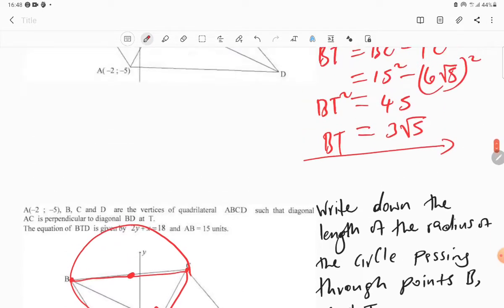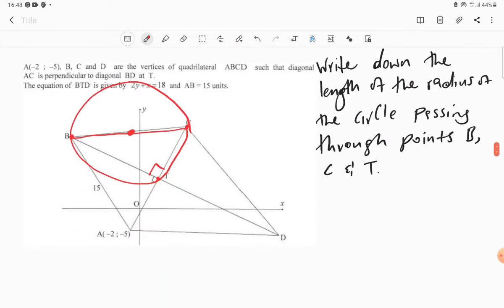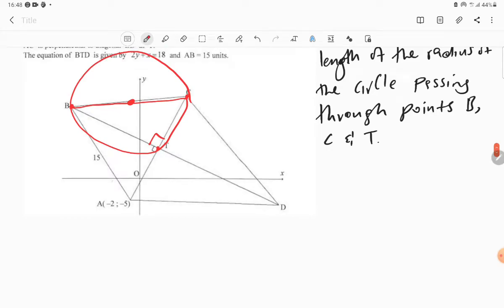So have we figured out BC yet? BC is equal to BA. Remember that adjacent sides in a kite are equal to each other, which means this one is also equal to that one. So this one is also equal to 15 units.